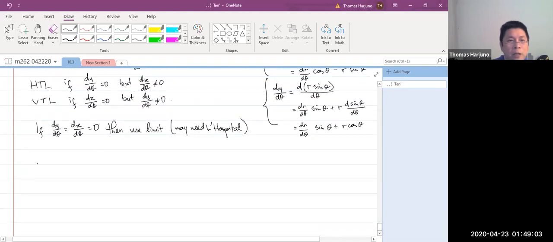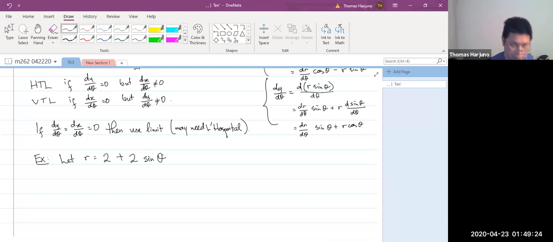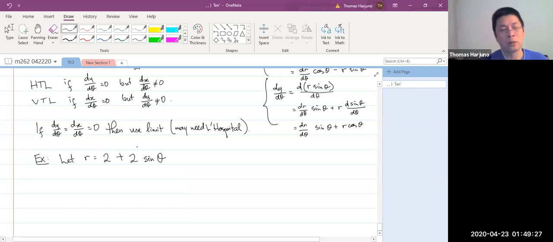Let's say, for example, we let r equal 2 plus 2 sinθ. Notice that this r is a function of θ.